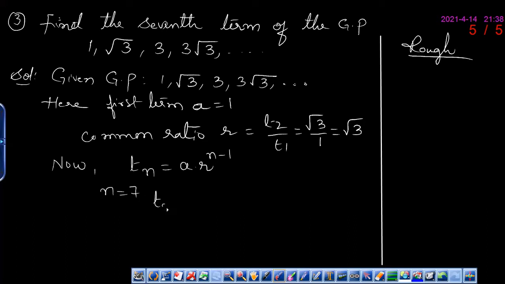So T7 equals a into r power 7 minus 1. We substitute the value of a, 1 into root 3 power 7 minus 1, that is 1 into root 3 power 6.